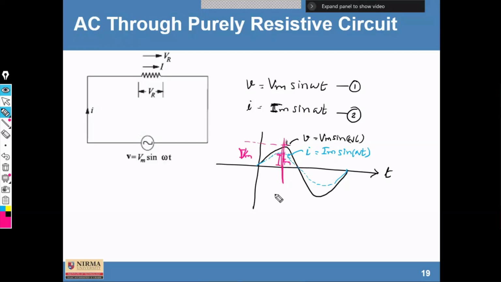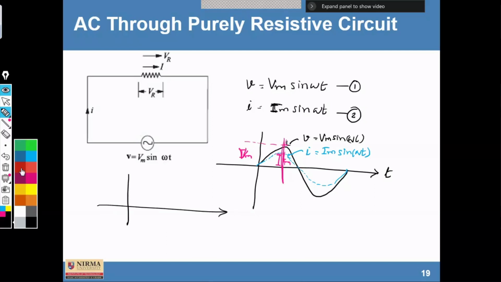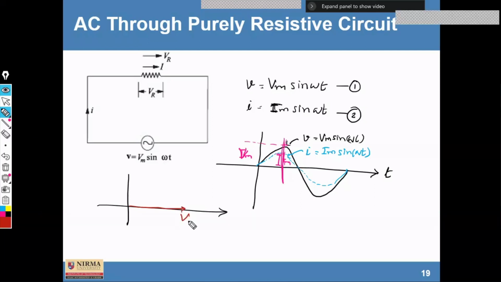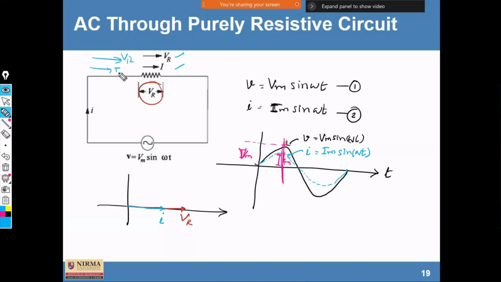Both the vectors we can represent: the voltage vector, which is a horizontal vector VR, because here there is a voltage drop VR, and simultaneously the current vector, because there is no phase difference, in the same direction, current I. So on the top of this diagram, two different vectors are represented, VR and I. Whenever we represent the resistive circuit, we are going to have such a vector representation. So this is AC through a purely resistive circuit.